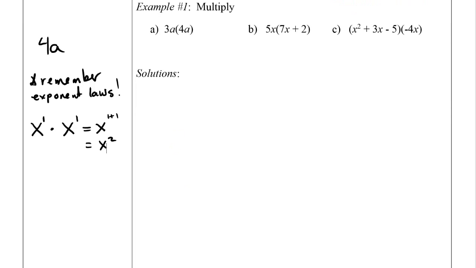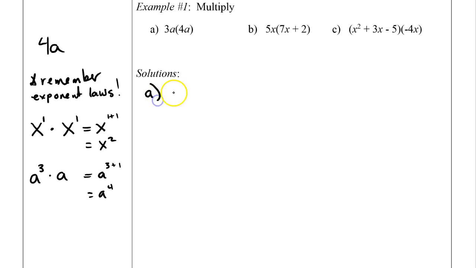If I say something like a cubed times a, that's going to be a to the 3 plus 1, which is a to the 4. So whenever we're multiplying variables, as long as the base is the same, remember to add the exponents.